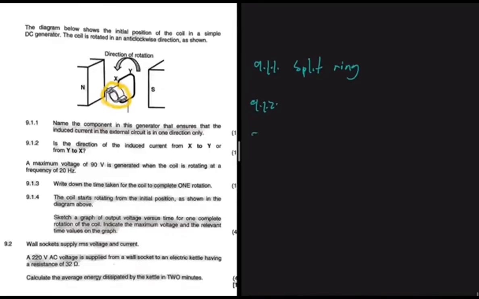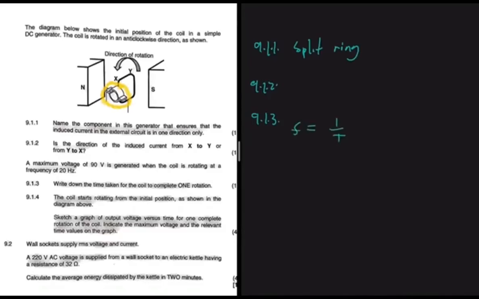Now let's do 9.1.3. It says that a maximum voltage of 90 volts is generated when the coil is rotating at a frequency of 20 Hz. Let's write down the time taken for the coil to complete one rotation. We have frequency equals 1 divided by the period, right?